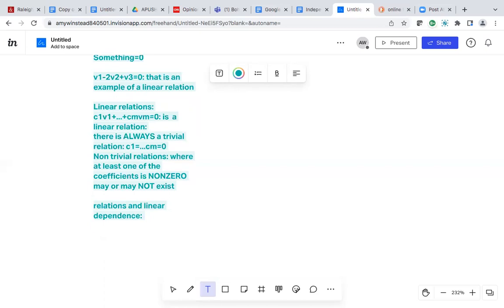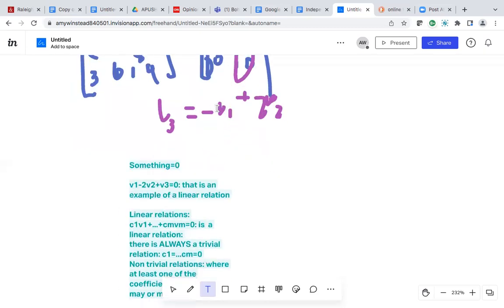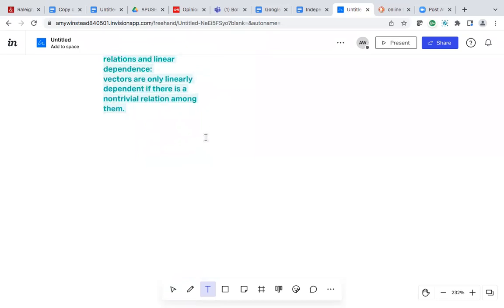It basically says that vectors are linearly dependent only if there is a non-trivial relation among them. We can tie this back to our example. We found a non-trivial relation, and yeah, it's linearly dependent.